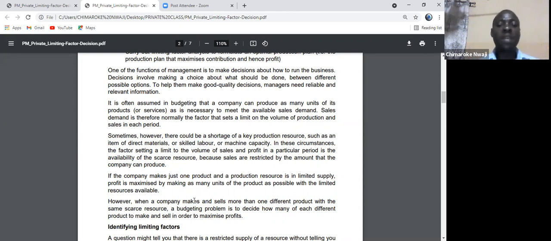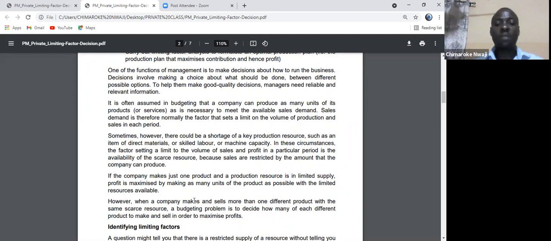But when you are making more than one type of product, let's say you are making cake and bread, both of them require flour. You have flour that can go, let's say, about 10 bags.